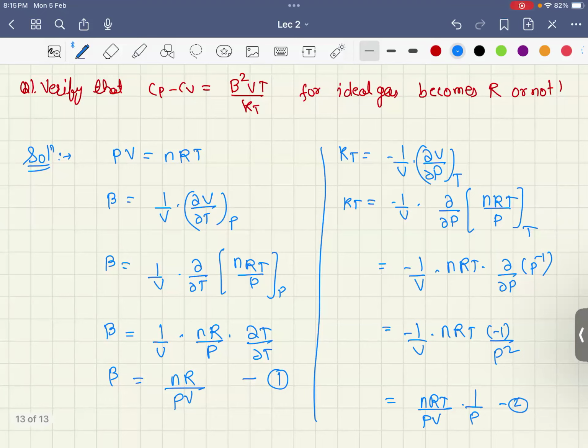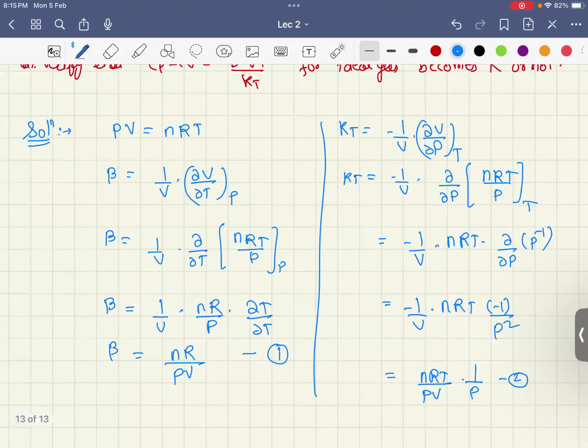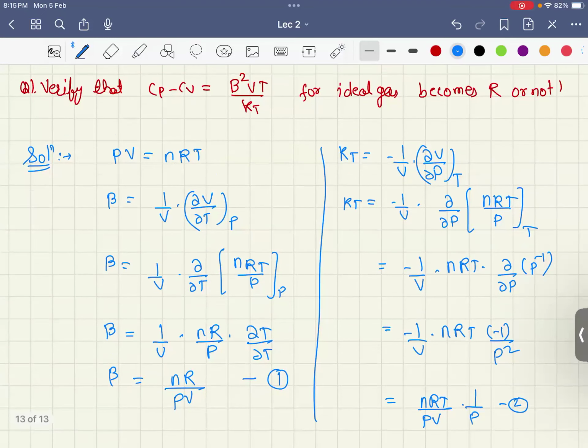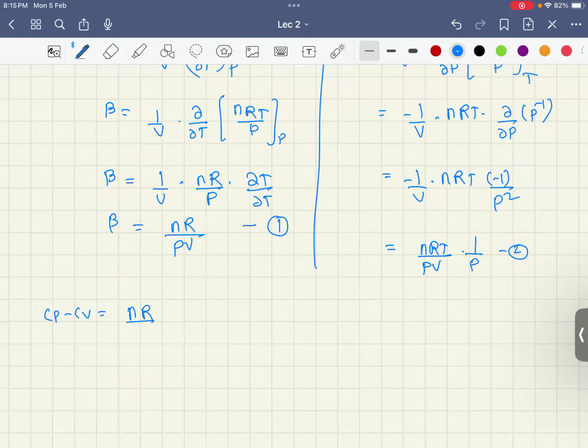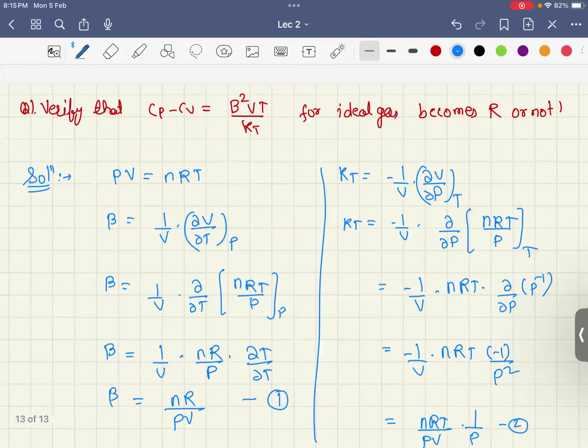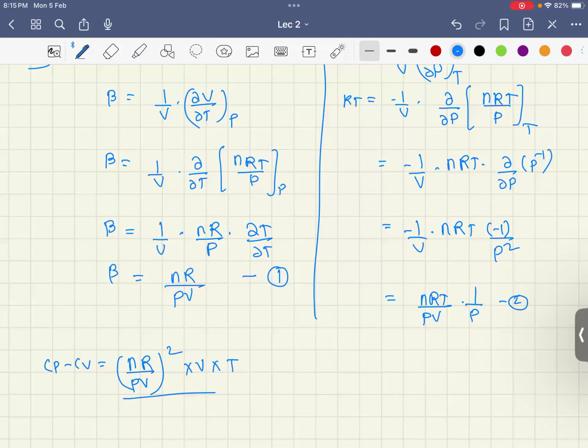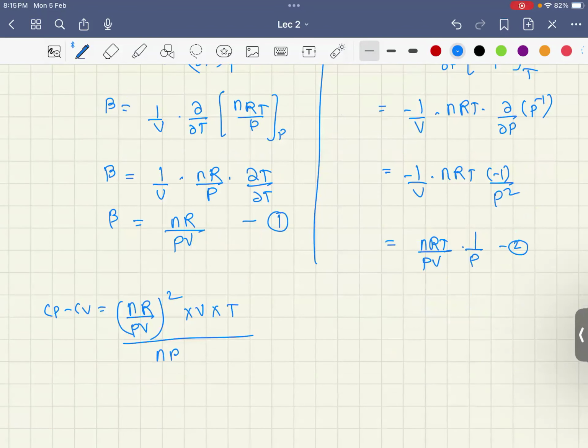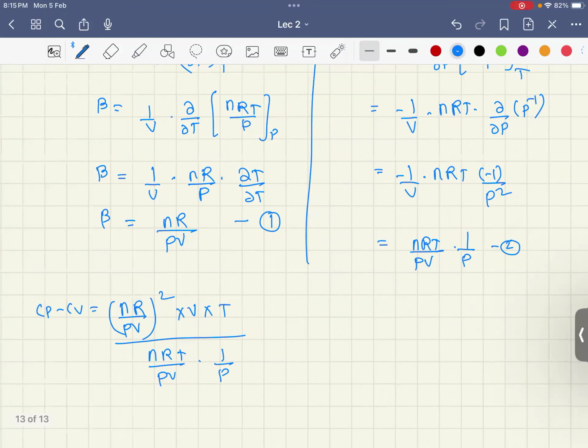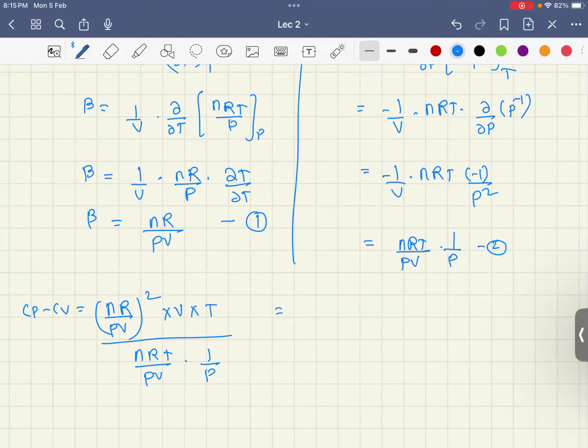So let us write this. Just put this expression here. Cp minus Cv is beta square, which is (nR by PV) square, multiplied by V multiplied by T, divided by nRT by PV multiplied by P. Let us expand this: n square R square multiplied by V multiplied by T multiplied by PV P, divided by P square V square multiplied by nRT.